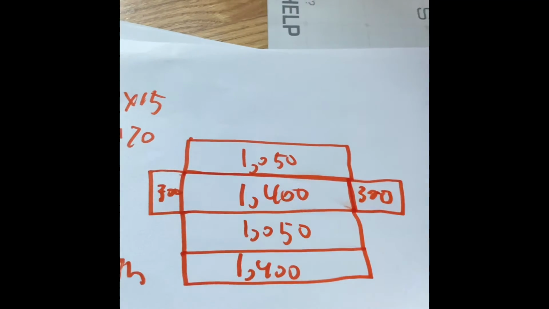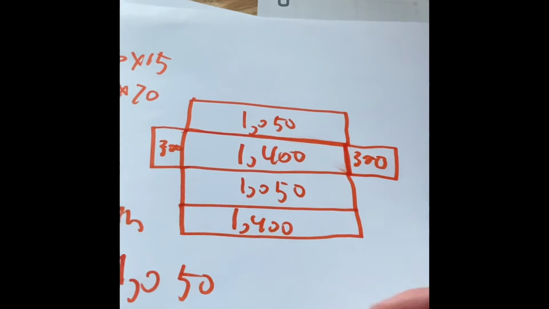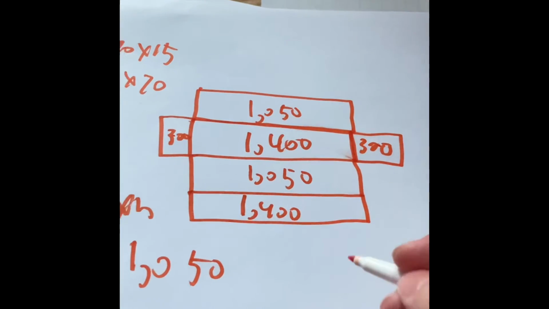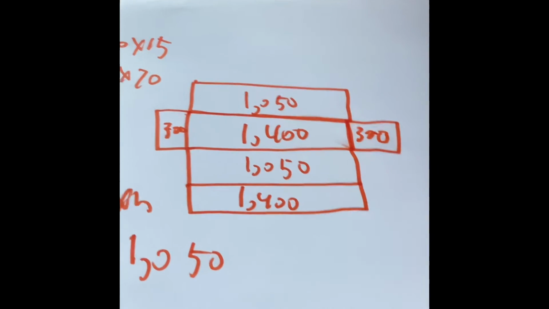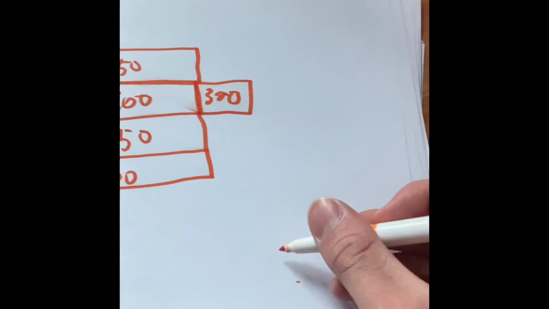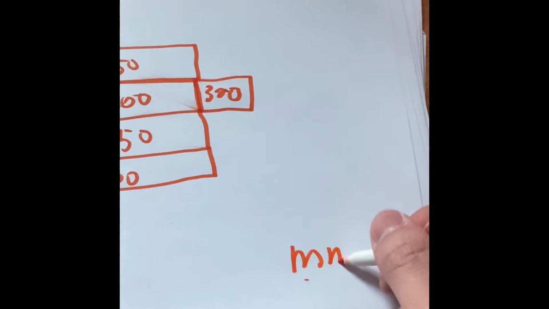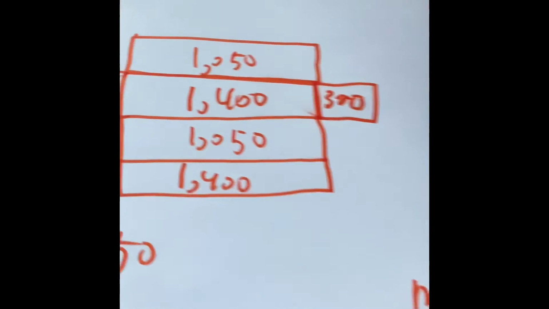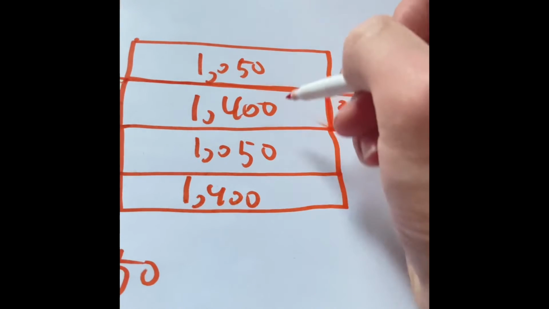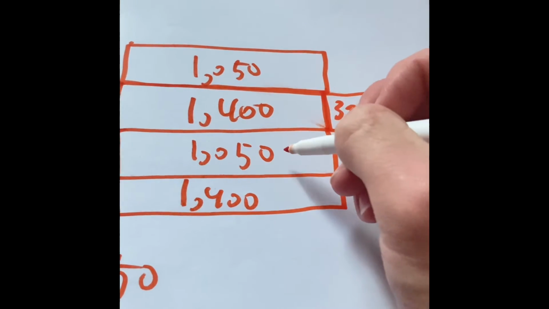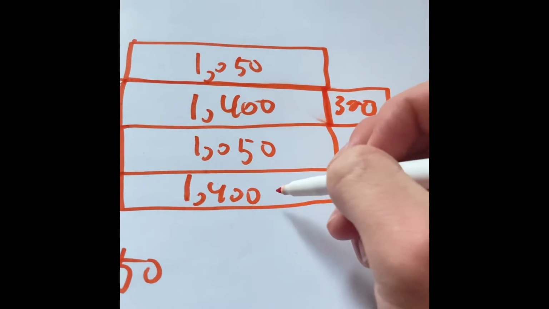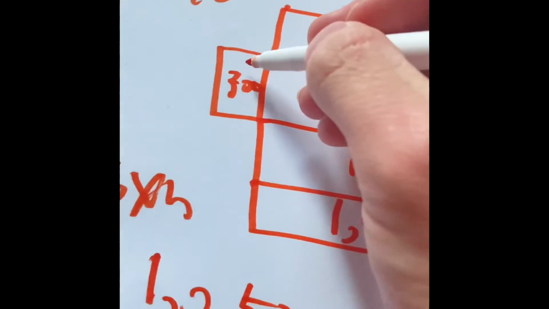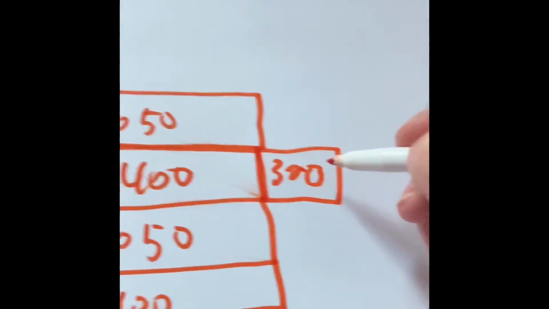We put 300 right there and 300 right there. All of our 2D shapes are now filled in with numbers. Let's add them all up to get our surface area in millimeters squared. So 1,050 plus 1,400 plus 1,050 plus 1,400 plus 300 plus 300.